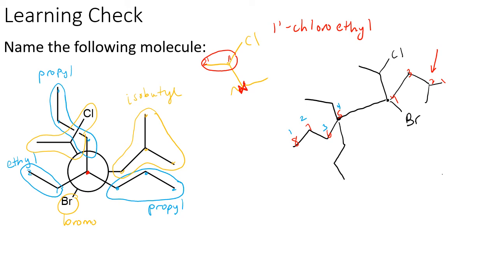So making a list then, we had 8 carbons, so this is going to be octane. And then we had 2 methyl. We had 4 bromo. We had a 4 subbranch, which is going to be 4 (1'-chloroethyl).